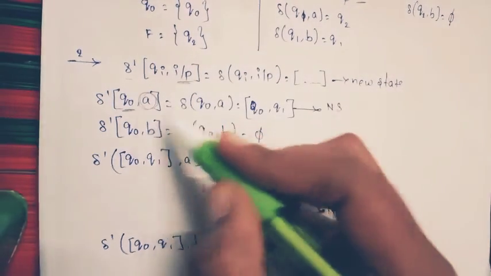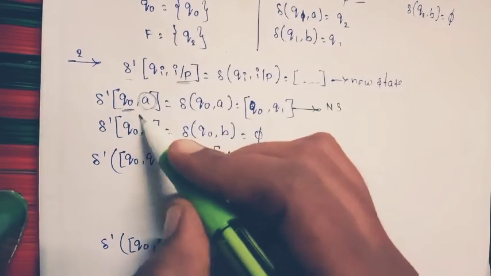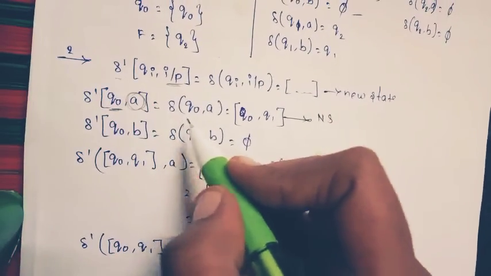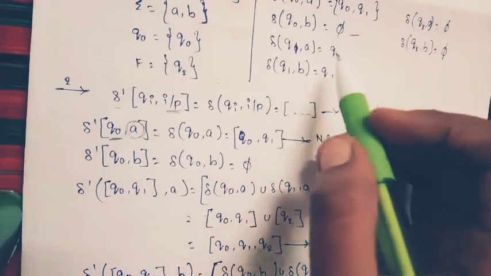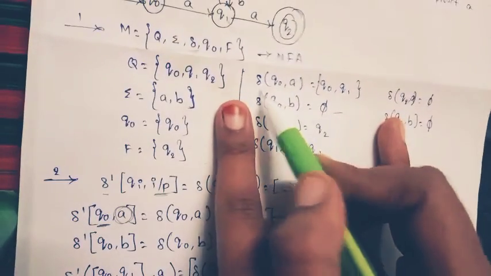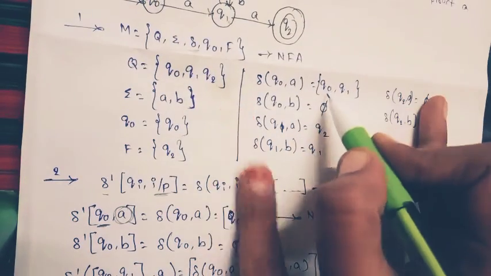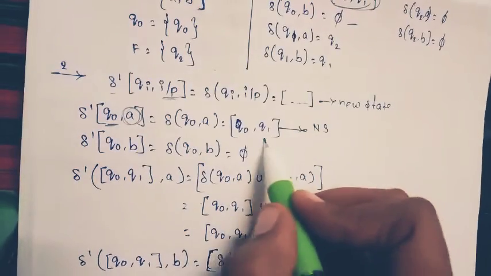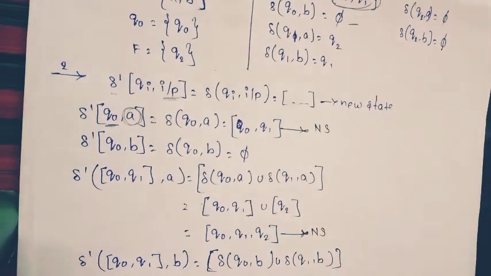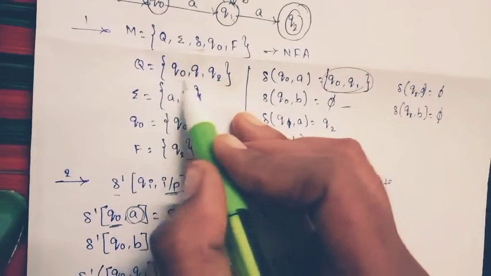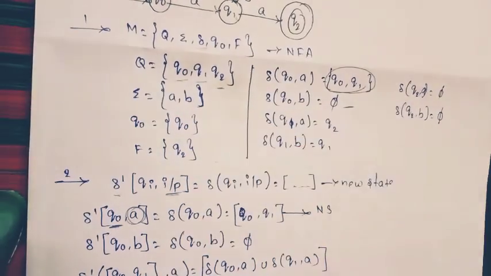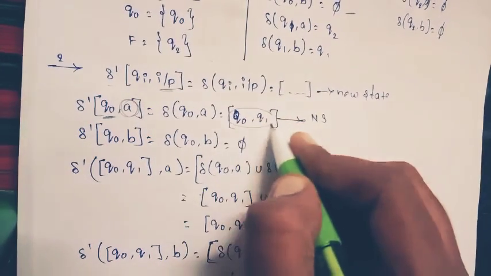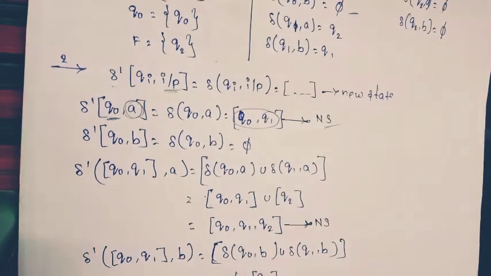So now delta dash of Q0 comma A equals delta of Q0 comma A. See, guys, here delta of Q0 comma A, we got Q0 Q1. So I am writing it here. This is the new state, guys. The states we already have are Q0, Q1, Q2, but again we got one new state, so we are considering it as a new state.